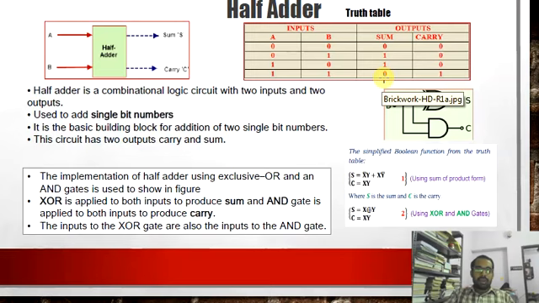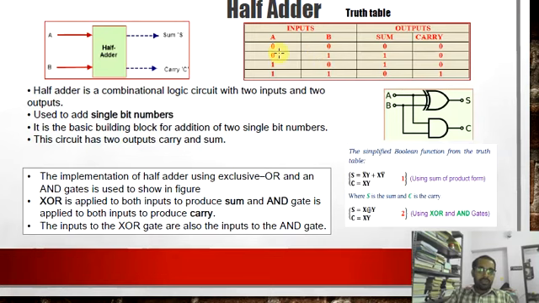For that, you need to know about the basic logic gates. That's why I have given you an introduction to different types of logic gates. You will get high output for an odd number of input ones. So that corresponds to which logic gate? That is the XOR gate.